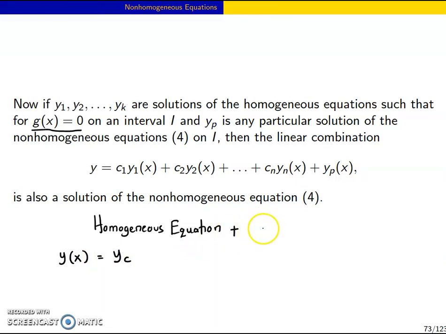Now we have another one called non-homogeneous equation, and the solution for that we will have as yp.